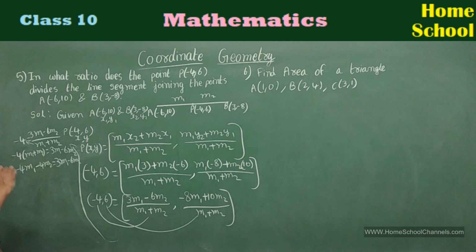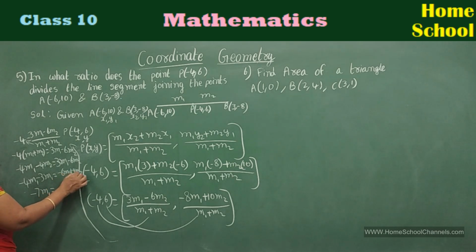m1 terms one side, m2 terms one side. -4m1 - 3m1 is equal to -6m2, transpose this one, +4m2. Right? -4 - 3 will be -7m1 is equal to -6m2 + 4m2 will be -2m2.